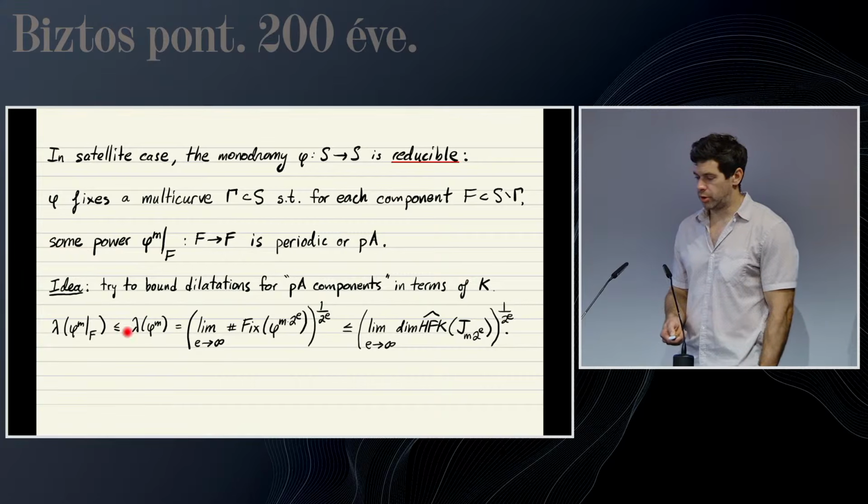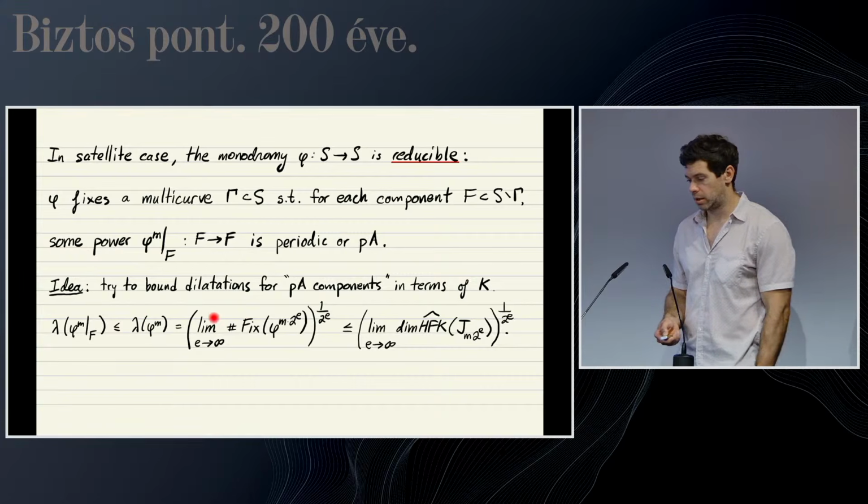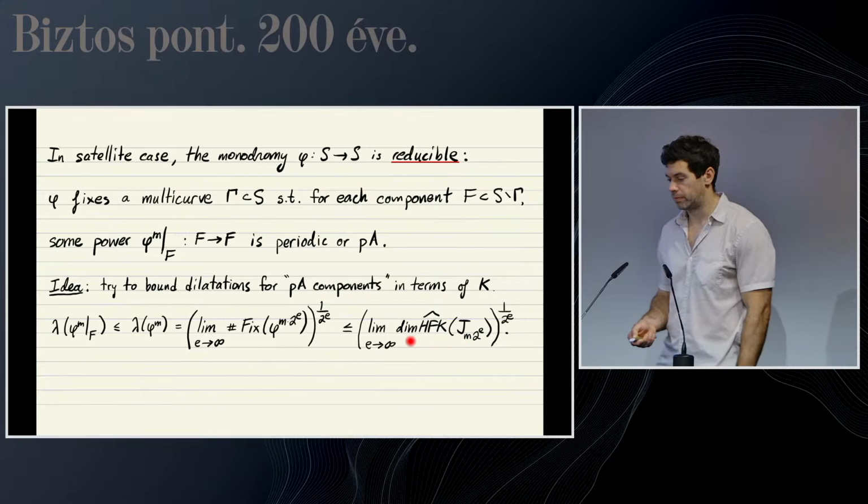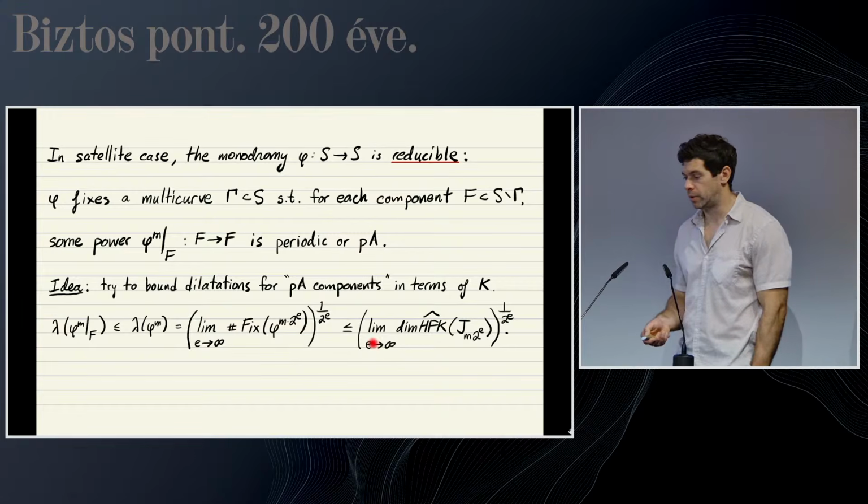And we know we can compute this as some limit here, as before. And then by the Ghiggini-Spano result, we can bound that by a limit involving knot Floer homology of these lifts of J, as before.